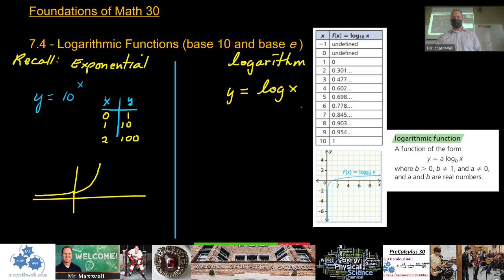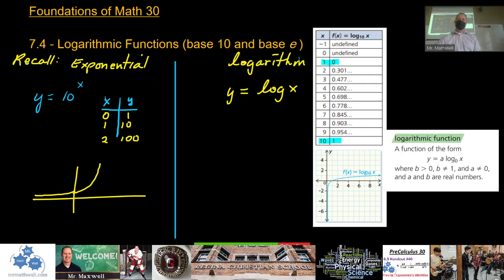Now, you should notice a couple of things. I want to highlight just a couple of things here. Exponential: x is 0, y is 1. Logarithm: x is 1, y is 0. Another thing here: x is 1, y is 10 on the exponential; x is 10, y is 1 on the logarithm. That's pretty interesting to note.